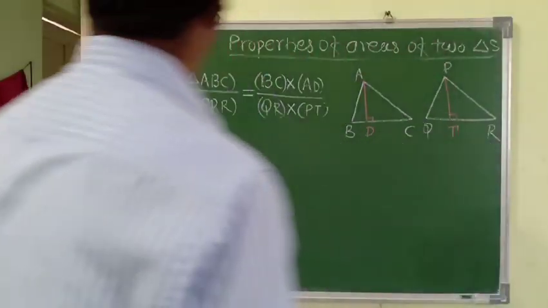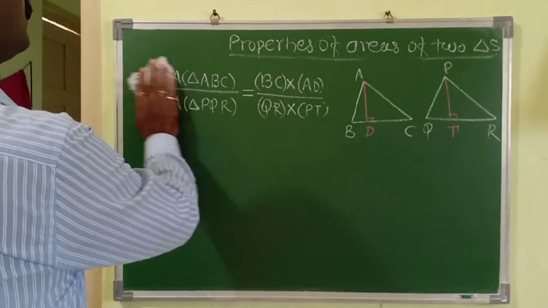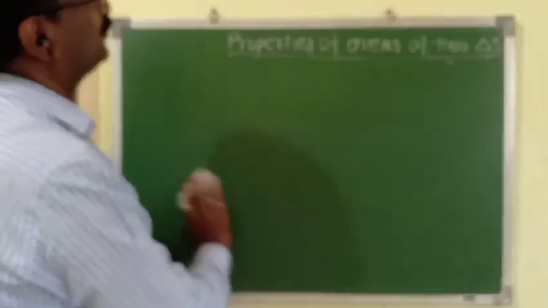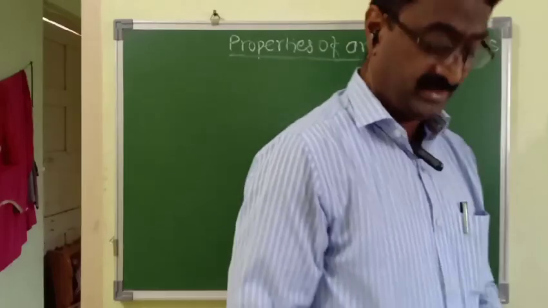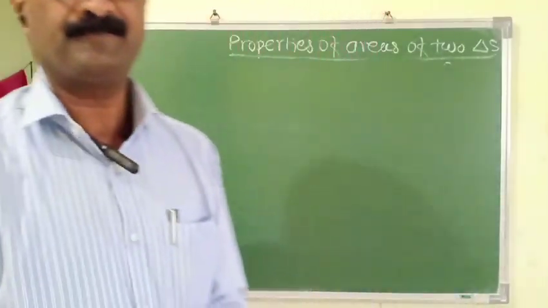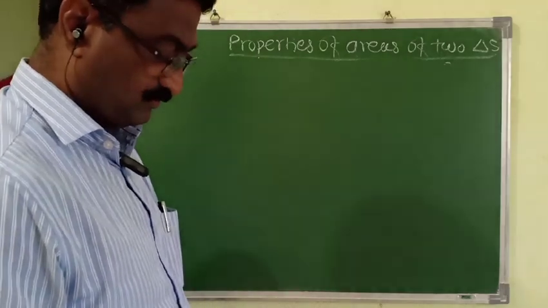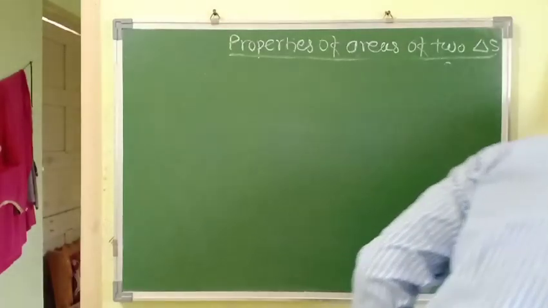First, write down the title of the chapter, similarity. After that, first point, properties of areas of two triangles. So write down these properties of areas of two triangles. So first property. So write down the first property.